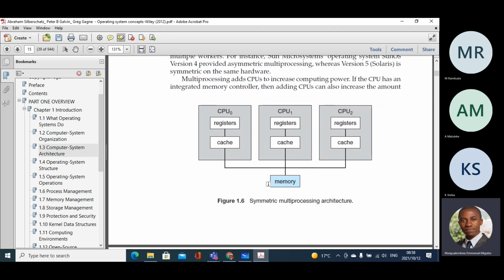As you can see, memory is common to all of them. We've got multiple CPUs, which is what makes it multiprocessing. It's symmetric because any of these CPUs can handle any task. And within the CPUs, we've got internal registers and some cache memory, which is a transitional memory.